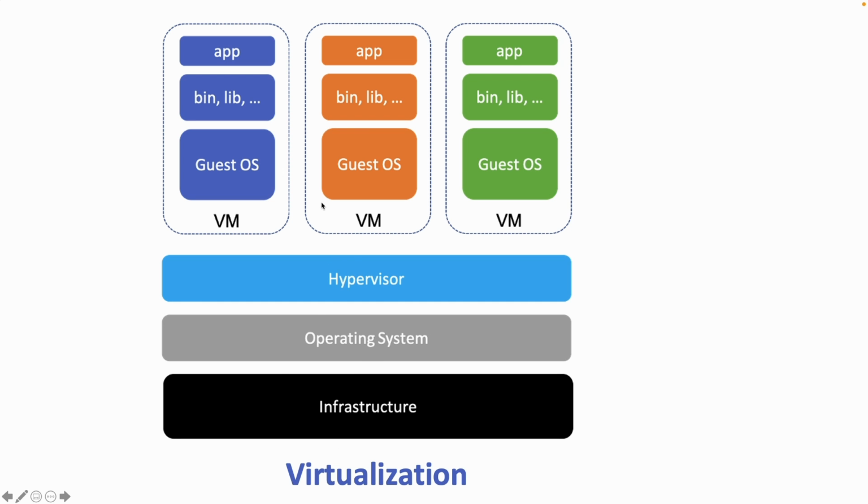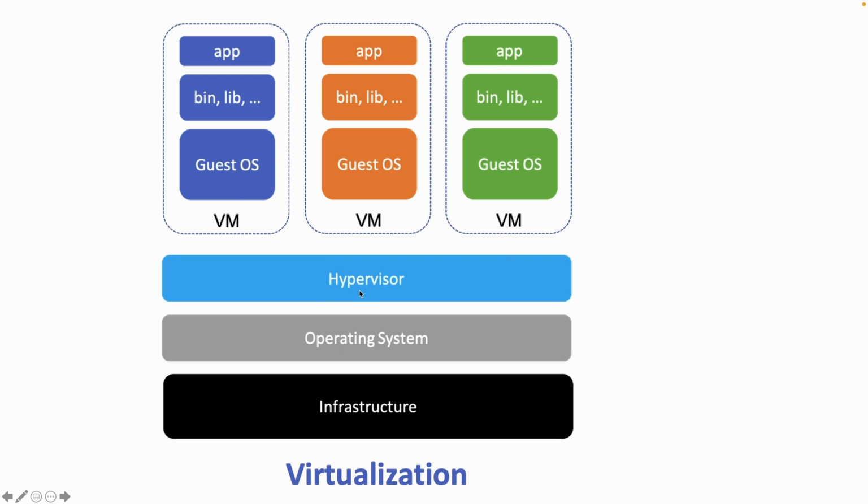To make this happen, we require a hypervisor. Virtualization requires this hypervisor, and a hypervisor is software that creates and runs virtual machines. The hypervisor sits on top of an OS. It takes physical resources and divides them up so the virtual environments can use them.